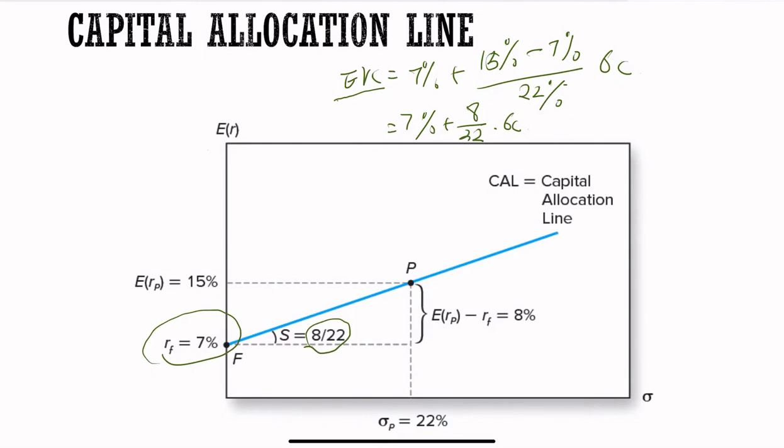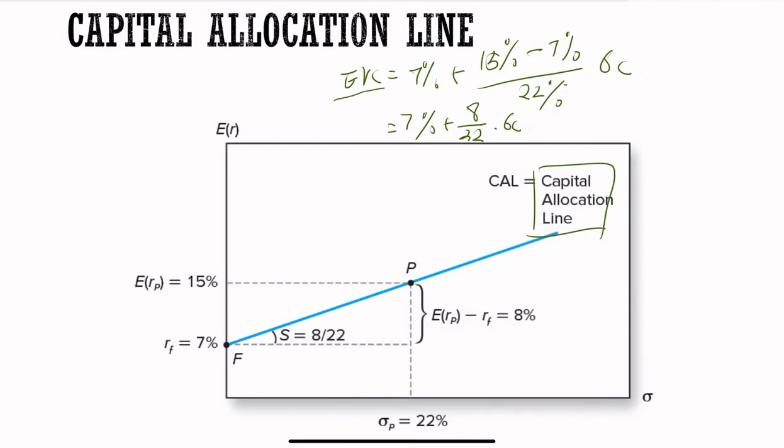So basically you can see that this is a line which connects the risk-free investment and the risky portfolio. This is called the capital allocation line. So why is this called the capital allocation line? Well, because it tells you what kind of return and volatility you can get if you allocate capital between the risk-free rate and the risky portfolio.